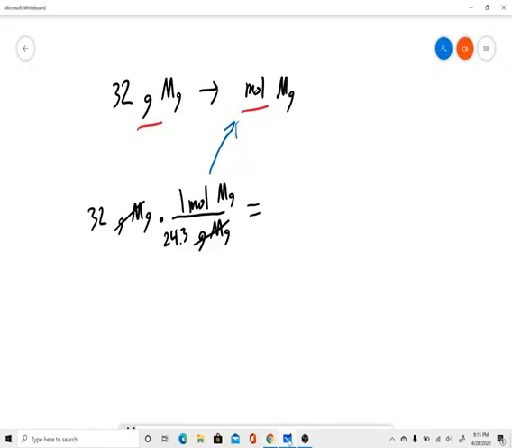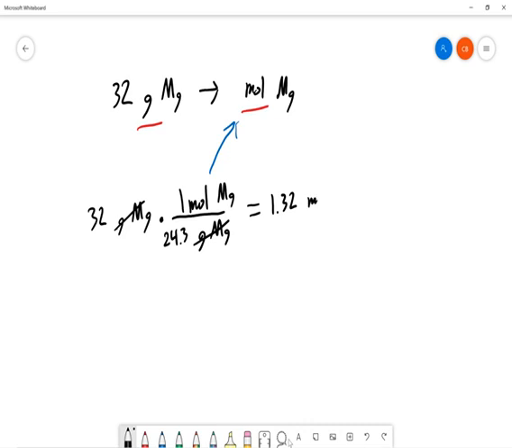So that is 1.32 in our unit, moles of magnesium. And again, we're checking, right? 32 grams is initially larger than 24.3, so it makes sense that our answer would be larger than 1. So we have a little bit more than 1 mole of magnesium.